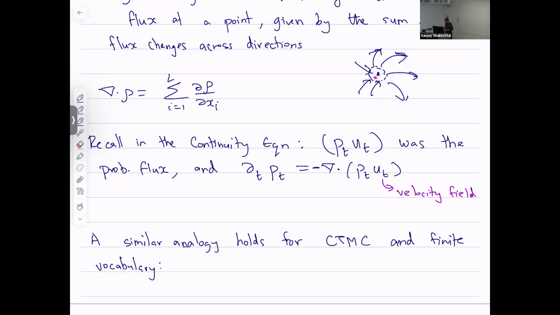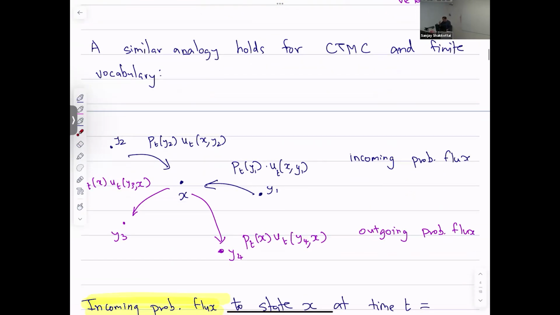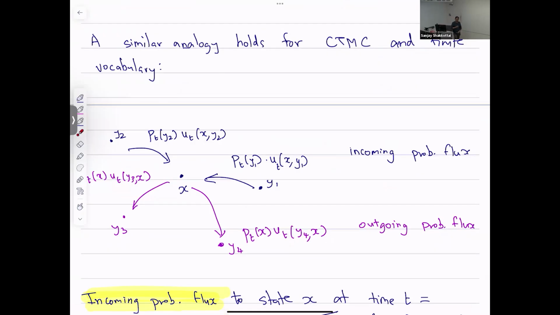Okay. So this was the continuous viewpoint of this flux thing. Let's do this in CTMC, continuous time Markov chains, and see what divergence means for a discrete state space in continuous time. I've got a state X. The incoming probability flux is a summation over states Y; I don't need to integrate, I want to check over every possible state.